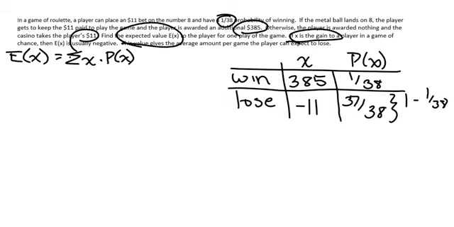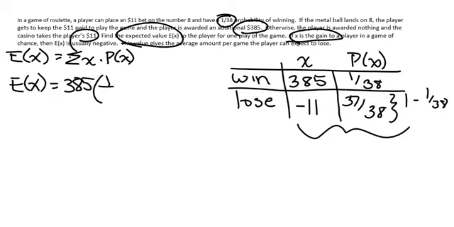Now, let's find the expected value by multiplying our gain by each individual probability. So we have 385 times the probability of that occurring, plus negative 11 times the probability of that occurring.